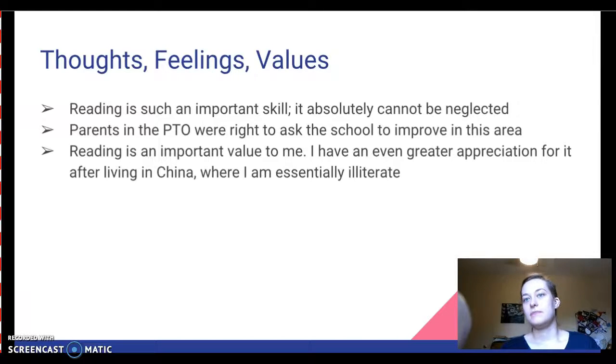because I can't really read Chinese. There's a few characters I can recognize, but essentially I'm illiterate there. And so it's really an interesting experience because I can go to the store and I'm trying to figure out what things are, how to tell the shampoo from conditioner without being able to read the labels, or shopping for food, or looking at a menu.